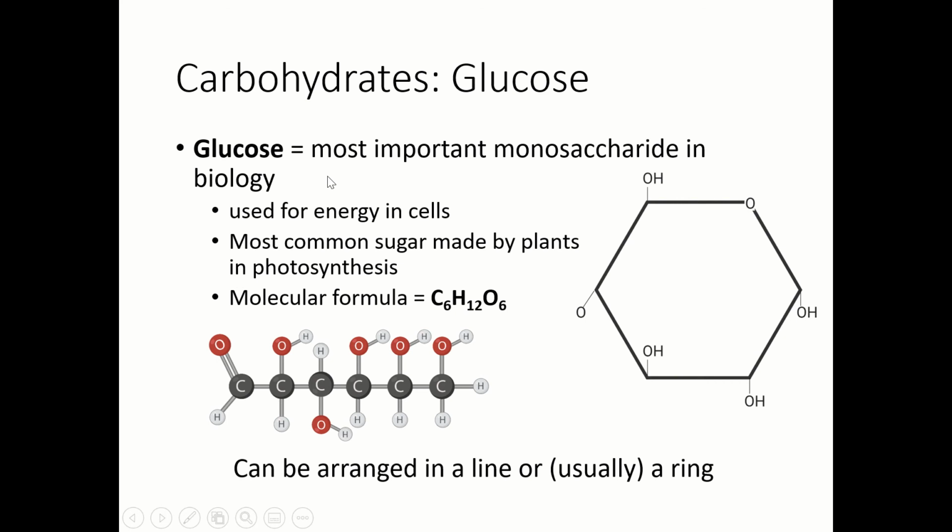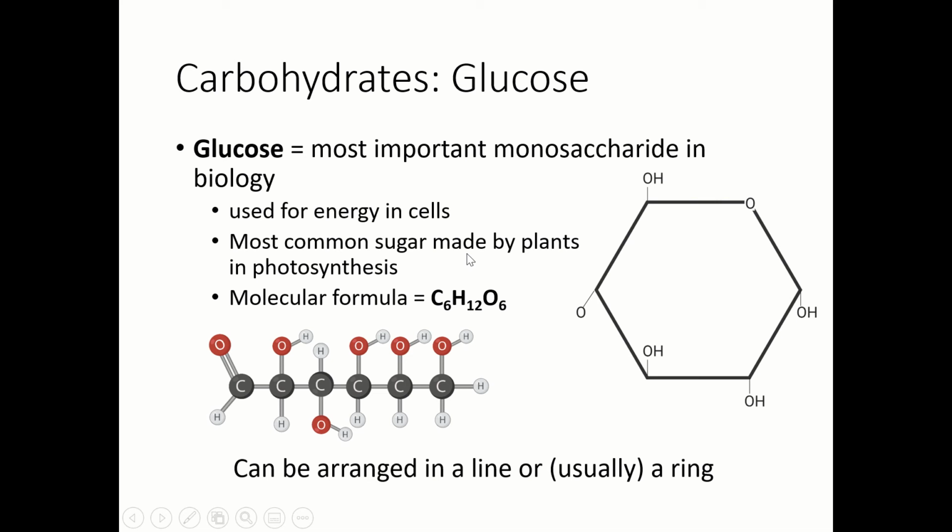Now, glucose is the most important monosaccharide in biology. Almost all of your cells use glucose to make another molecule called ATP. They're going to harvest the energy in these chemical bonds in the glucose molecule to make another molecule which your cells actually use for energy.